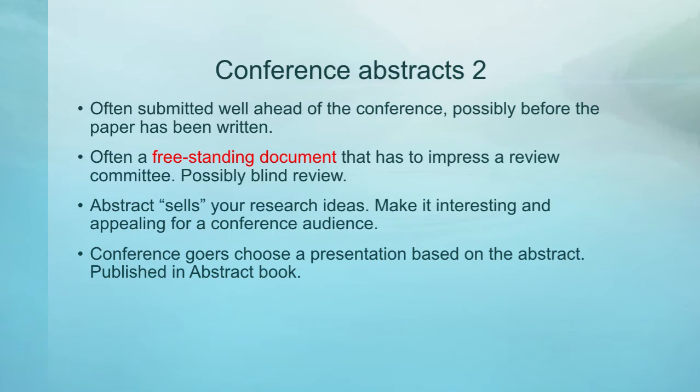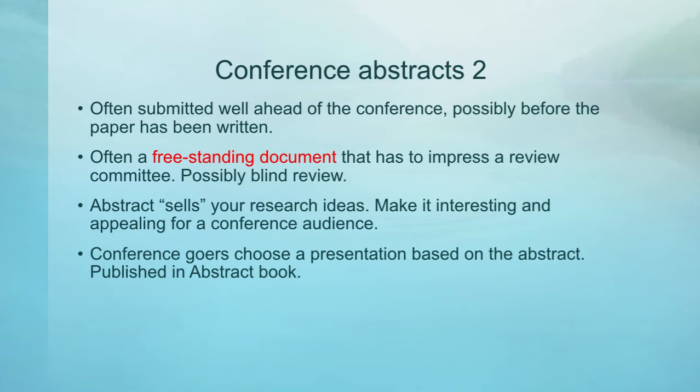So the difference between a conference abstract and a research article abstract is that the conference abstract is submitted well ahead of the conference and possibly before the paper has even been written. You may not have analyzed your data yet. You may not be sure how this paper is going to work out, but you still have to write the conference abstract.